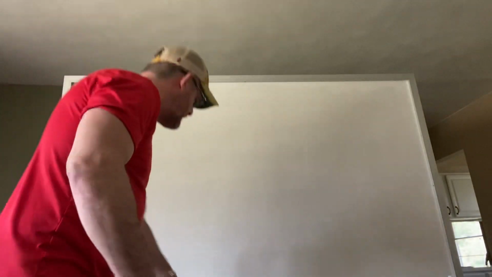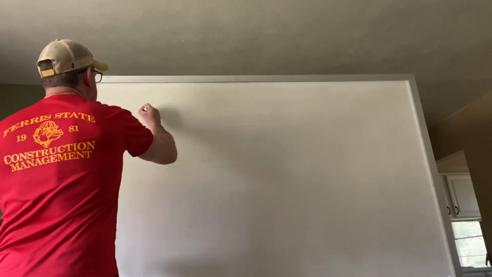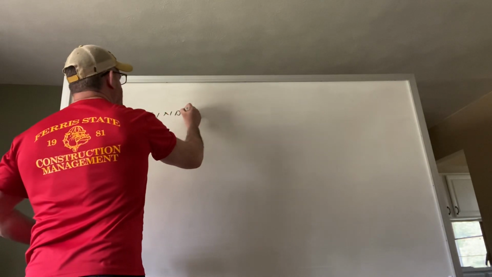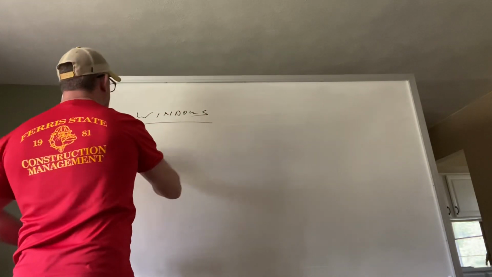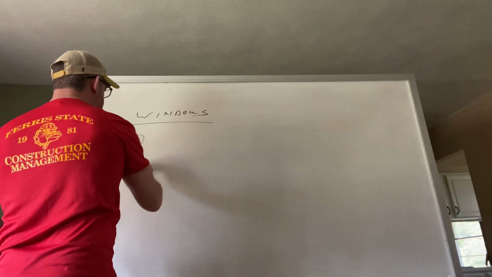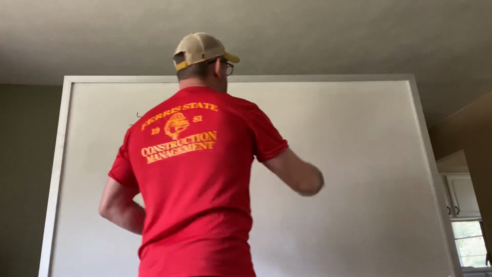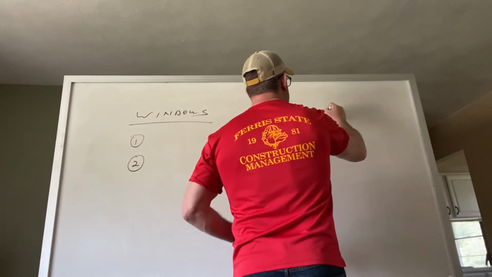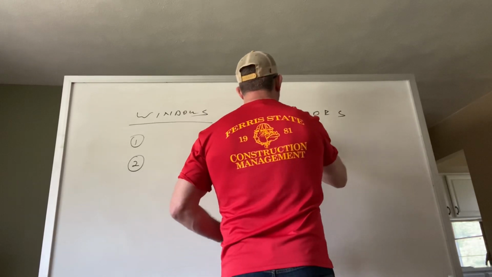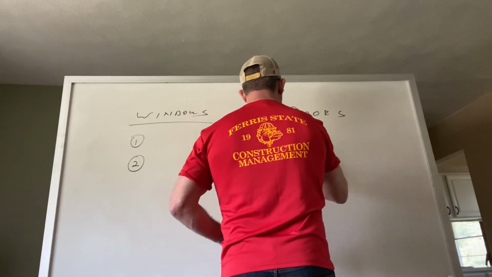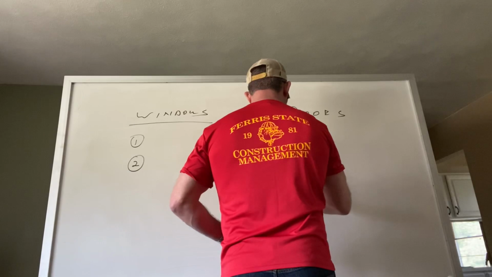First, how many different window types do we have? We have 2 different window types. So for my windows, I have type 1 and type 2. Then I have my doors. I have type 1, type 2, and type 3.